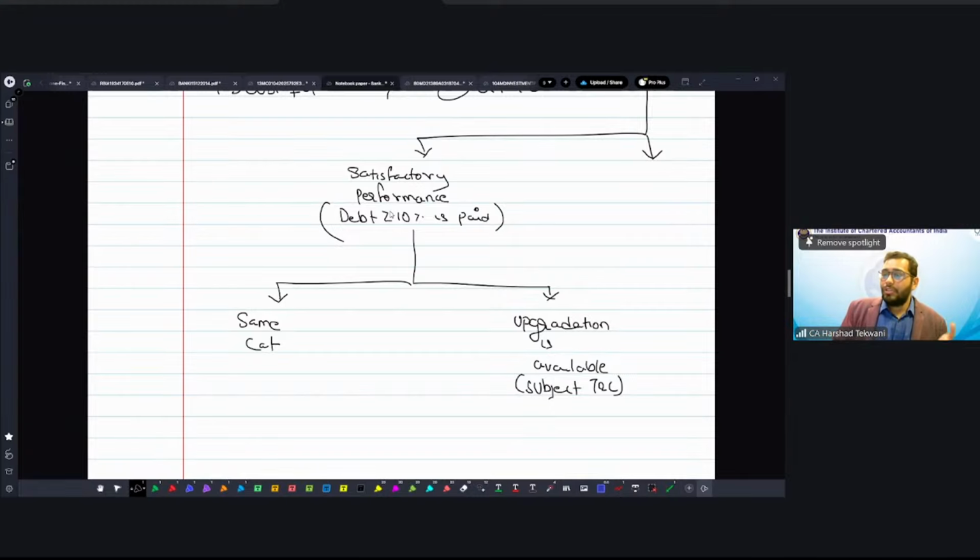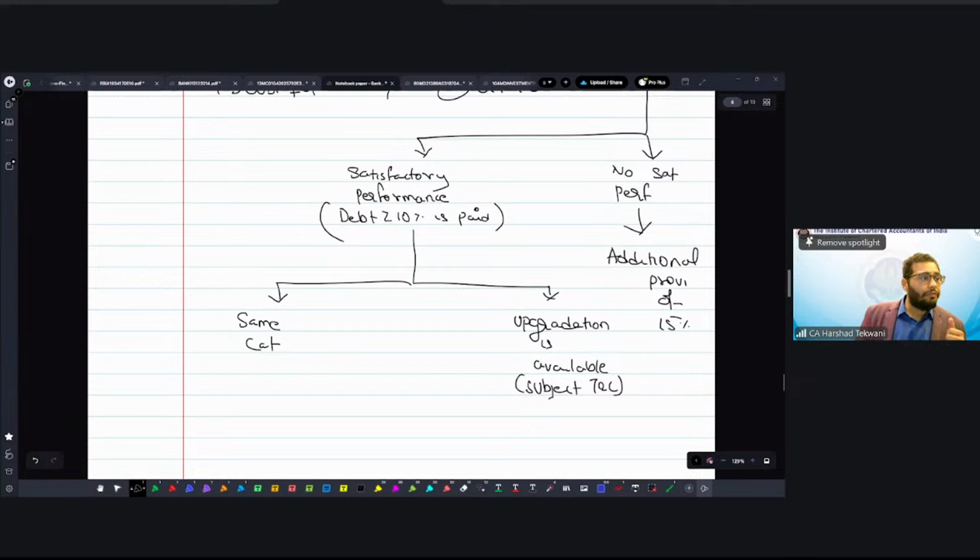But what if there is no satisfactory performance? Even after the restructuring, he has made a default. Simple. An additional provision of 15% will be applied for this kind of asset.